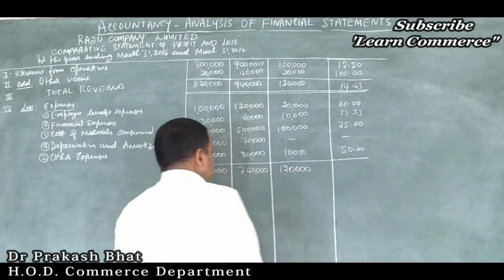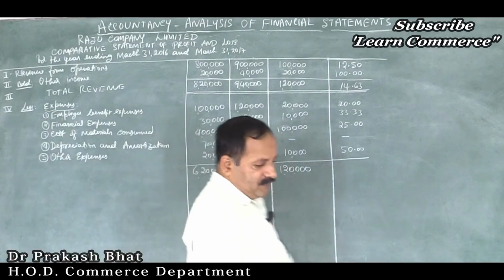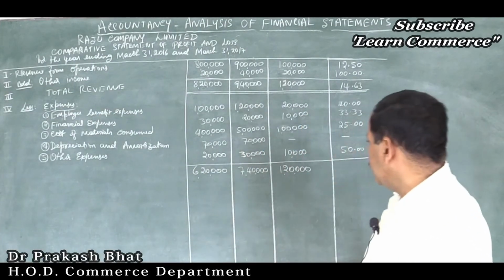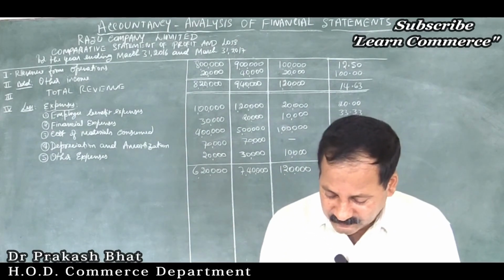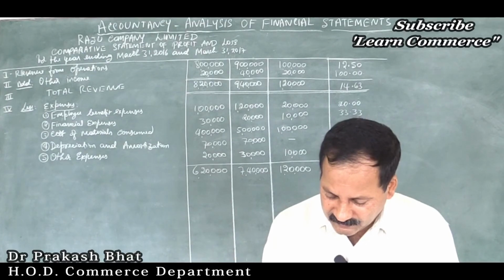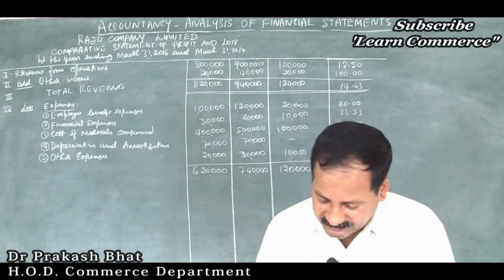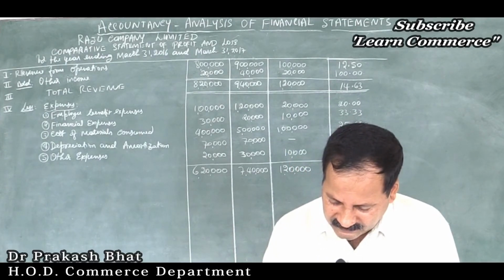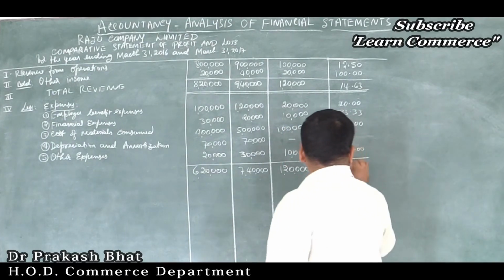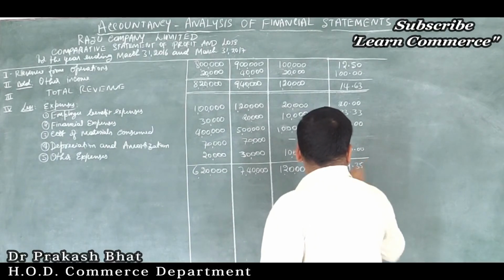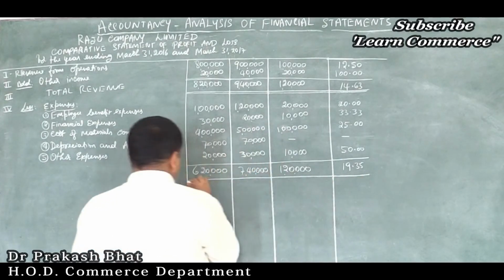Total expenses increased 1,20,000. 620 is increased to 7,40,000. So calculate the percentage. For 620, 120. For 100, how much? So 120 into 100 divided by 620, 19.35. Correct? Yes. This is the total expense. Underline it.